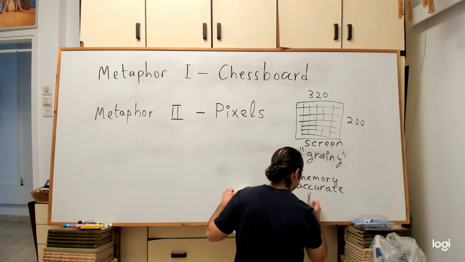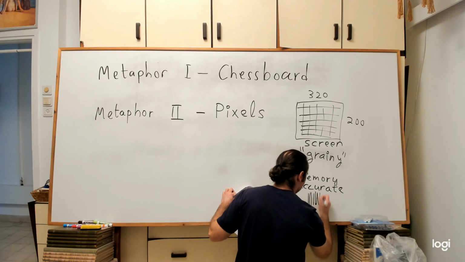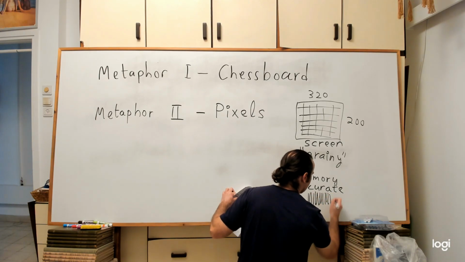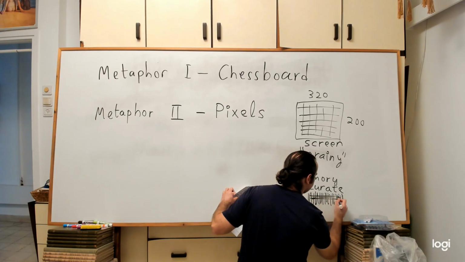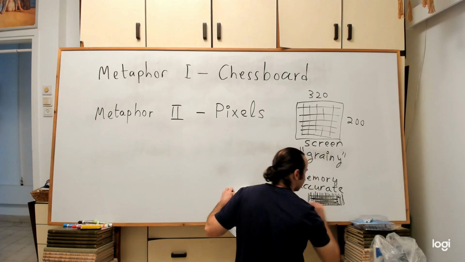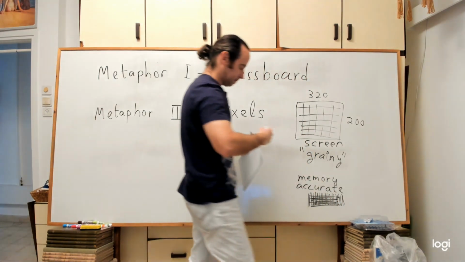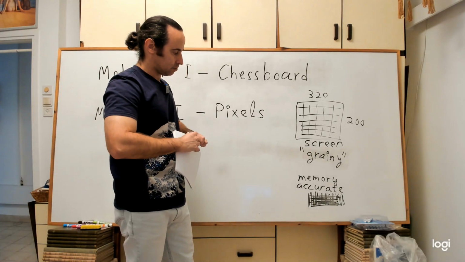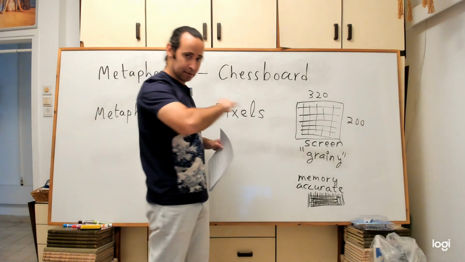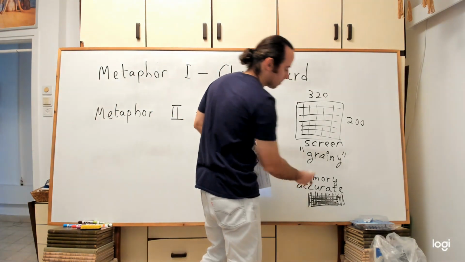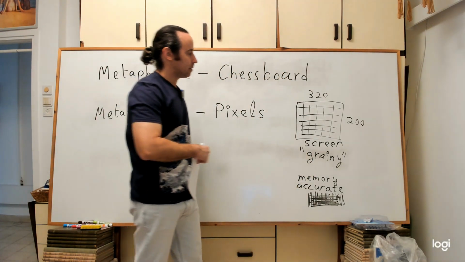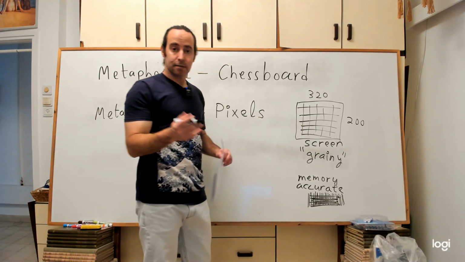Like a memory of a lot of lines, rows. Okay, so the memory is much more accurate, and the screen is more grainy, it's not accurate.